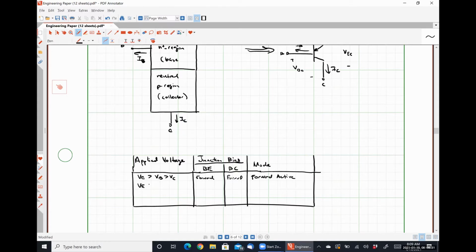VE greater than VB less than VC. Forward, reverse. This is saturation operation.